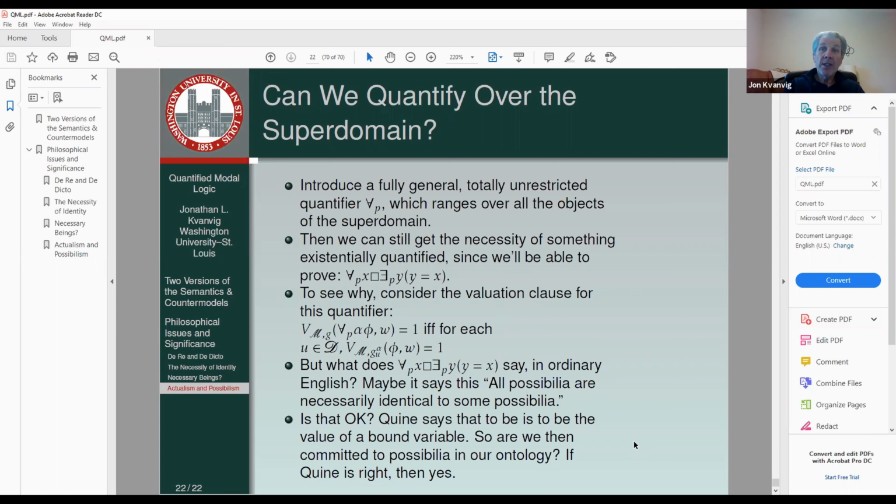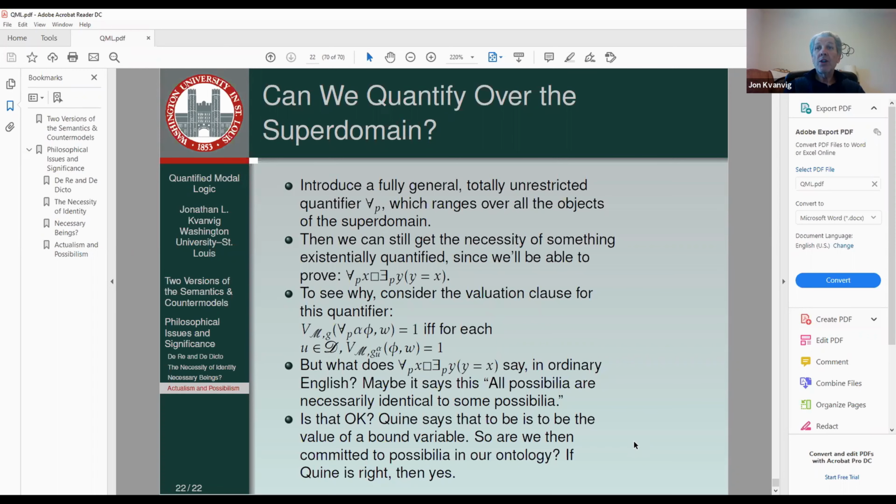But once you have such quantifiers in the language, the bound variables will include all possibilia whatsoever, anything that's a member of the superdomain. And then it looks like we're committed to including possibilia in our ontology. If you go with Quine and you allow the introduction of this new quantifier, that's what you're stuck with.